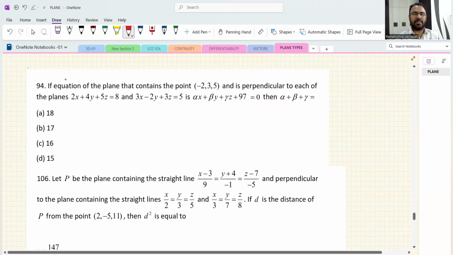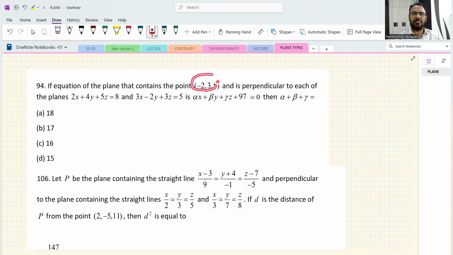Well, here is one question. If the equation of the plane passing through the point and perpendicular to each of the planes, right?